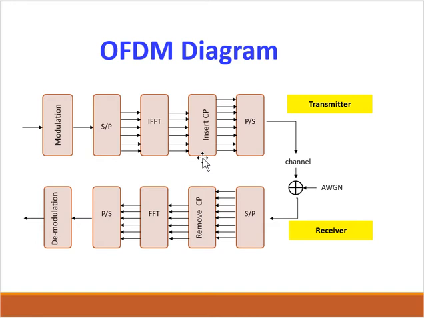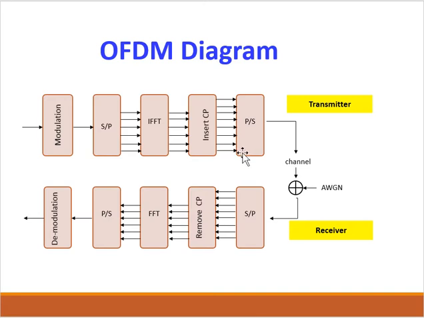And then CP, or guard interval, is inserted to avoid possible ISI, intersymbol interference, which is an unwanted phenomenon. It's a kind of distortion caused by interference between symbols and may lead to errors in decision devices.